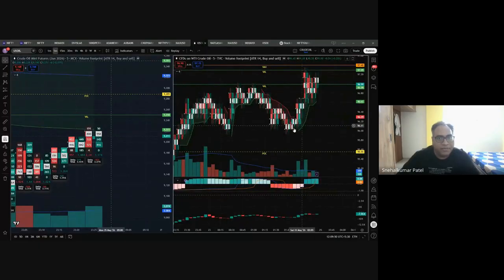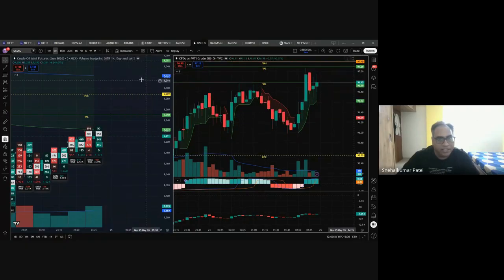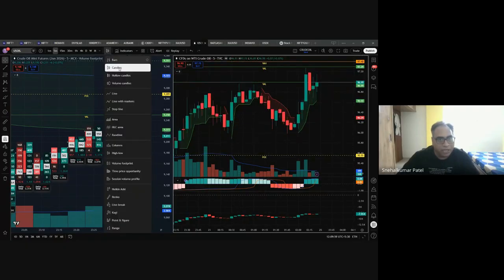This is TradingView. If you go to the candle types here, you can see the candlestick chart. You can also change it to bar chart, hollow candles or volume candles. Here you see three things: volume footprint, time price opportunity, and session volume profile.